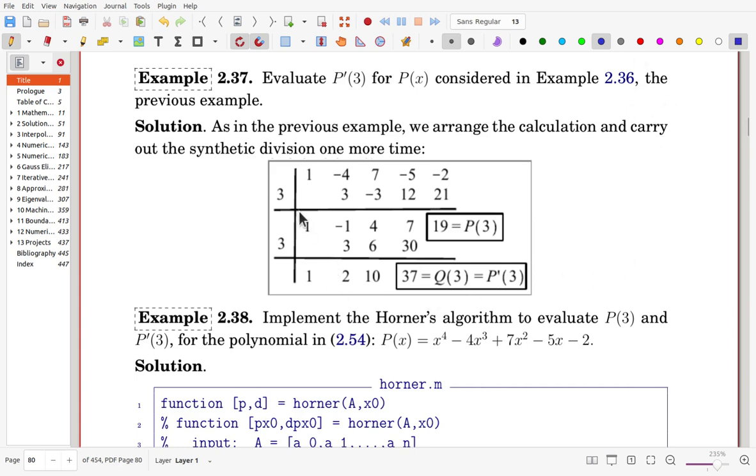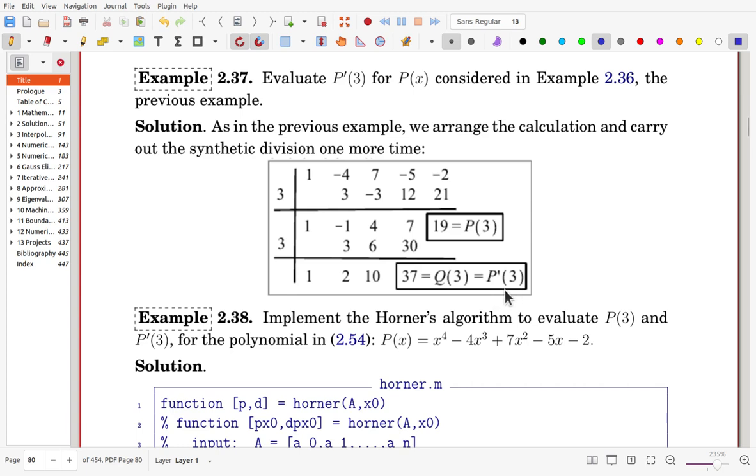We know Q, and now we evaluate Q at 3. So we apply Horner's algorithm one more time: 3 goes down, multiplication is 3, addition is 2, multiplication with 3 is 6, and addition is 10. Now multiplication is 30, addition is 37, which is Q(3). That is p'(3).